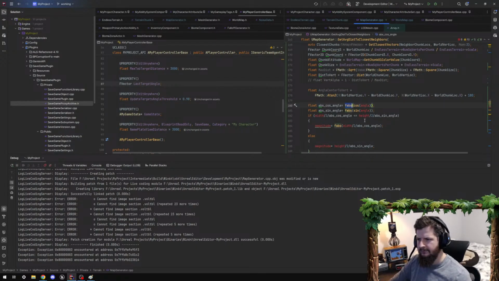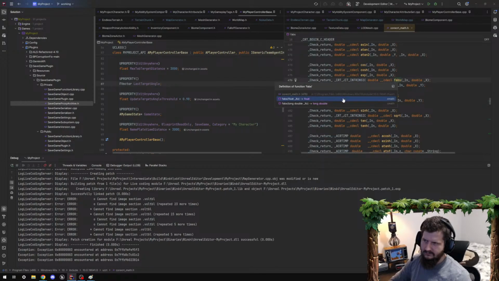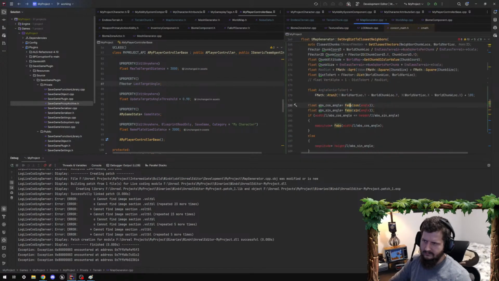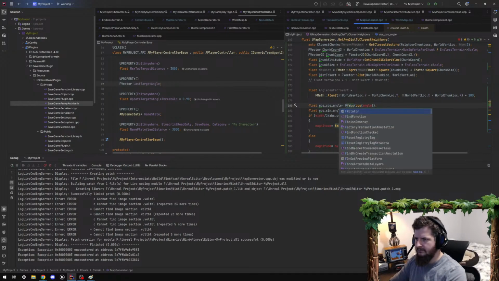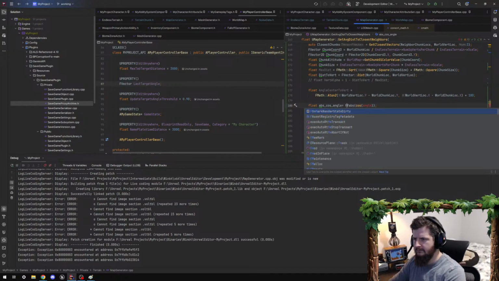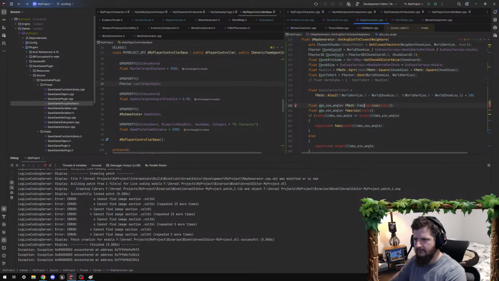Okay. What is fabs? In C++, is it just absolute value?